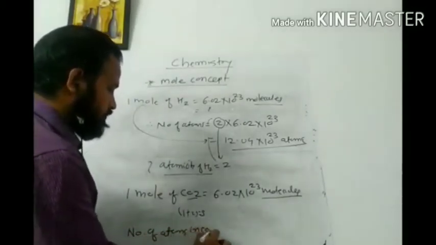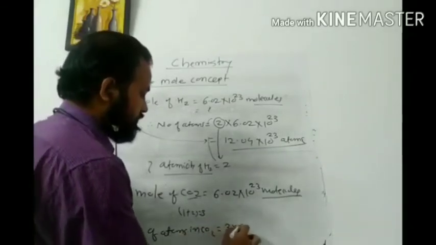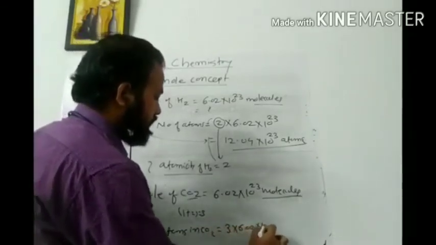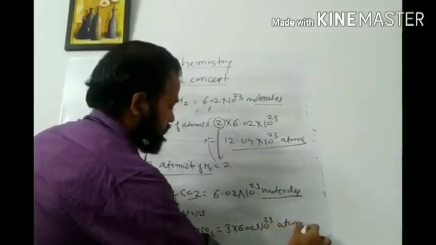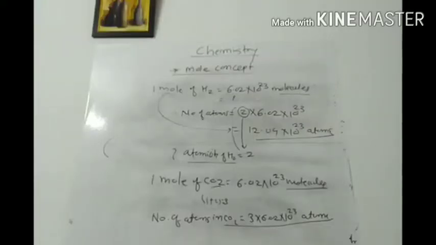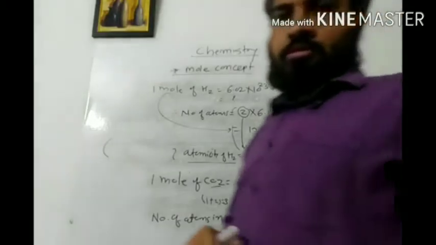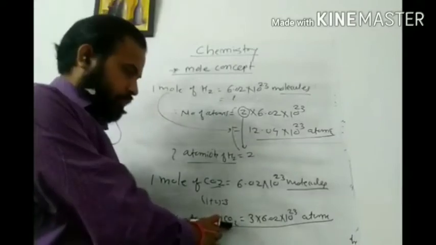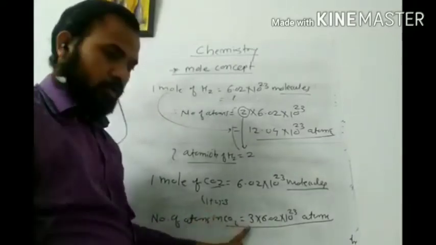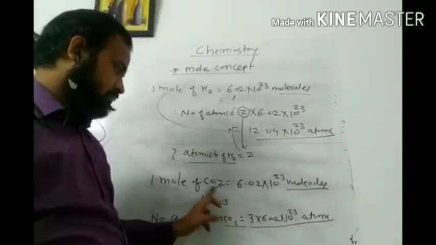If I want to calculate the number of atoms in CO2, simply I have to multiply it by 6.02 into 10 raised to 23 atoms. So this multiplication gives me the answer. Okay, so in this way you can easily calculate. Here we calculated the number of atoms present in CO2. I just have to multiply it by atomicity, because the atomicity of CO2 is 3.